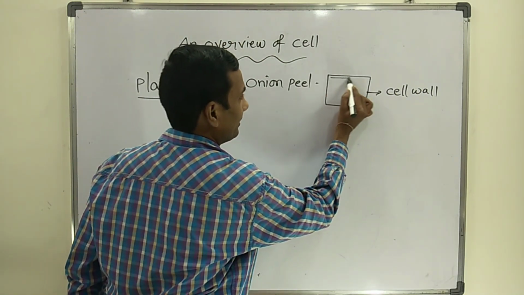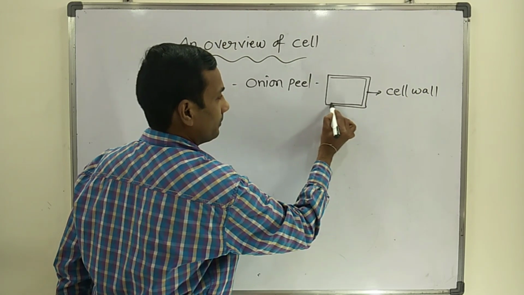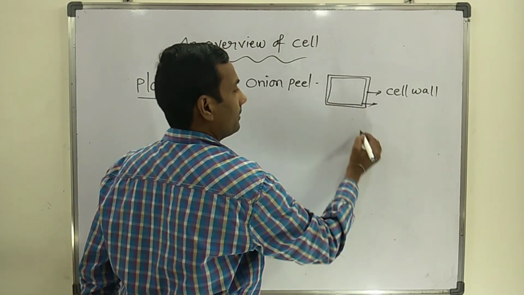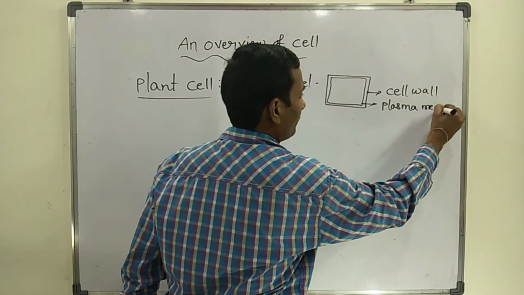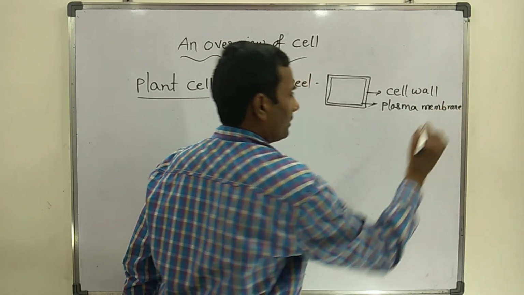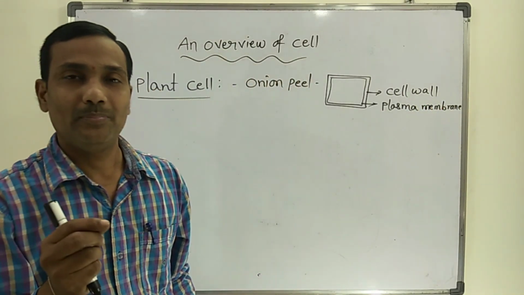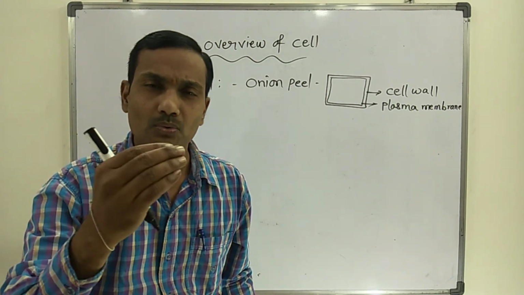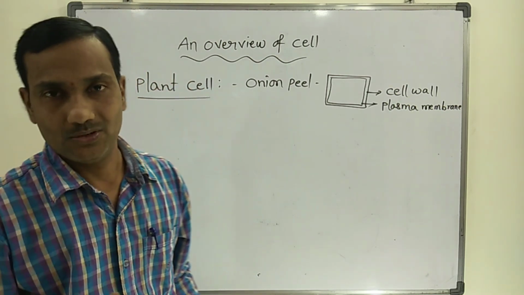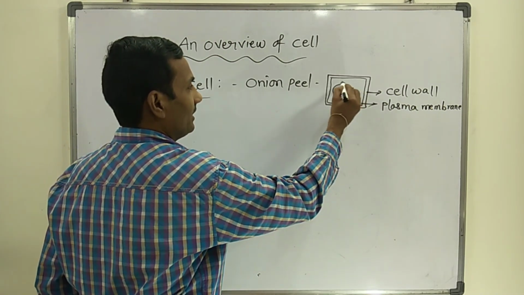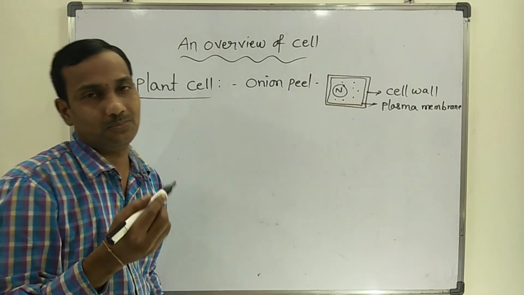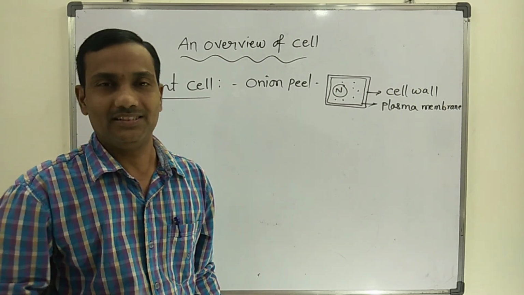Just below the cell wall, we can observe the plasma membrane. That plasma membrane is found just below the cell wall.